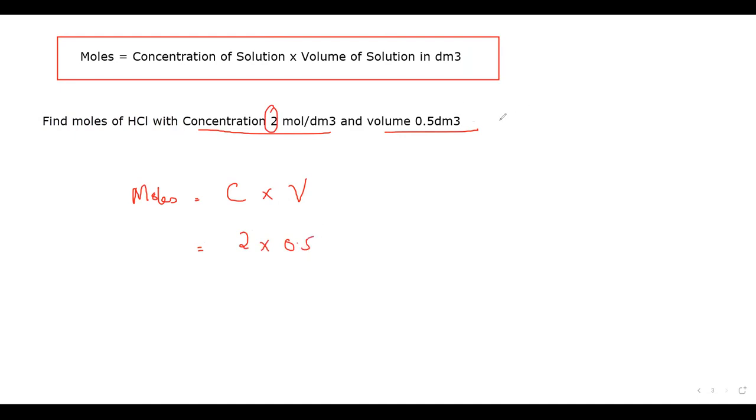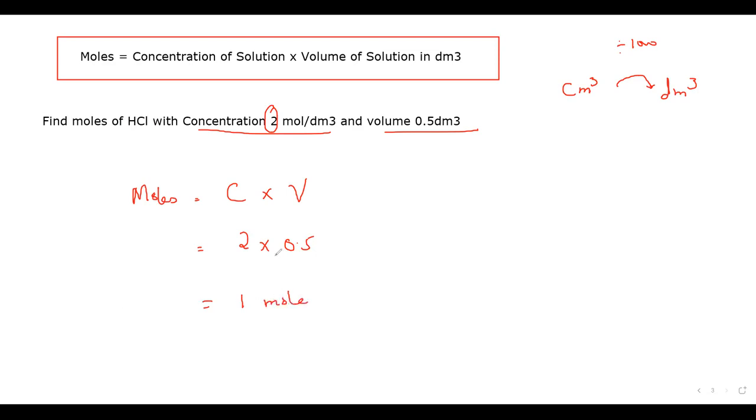Volume is in dm cube. But in some questions they give the volume in cm cube, so you have to convert to dm cube, and from cm cube to dm cube you have to divide by 1000. But in this question it is already in dm cube, so we don't have to convert. So 2 multiplied by 0.5 is equal to 1 mole.